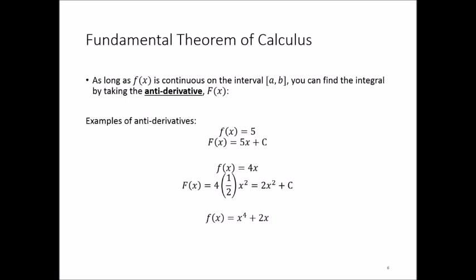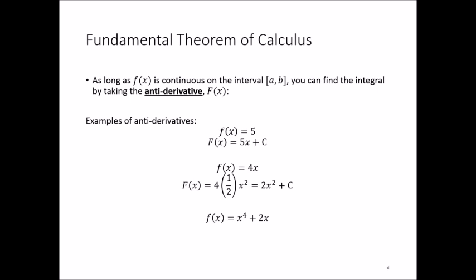Because derivation works that way, so does integration. So here where I have a polynomial x to the 4th plus 2x, I can separately ask what function would produce the derivative x to the 4th and what function would produce the derivative 2x, and just treat them completely separately. So for the first one, I'm going to use that reverse power rule.